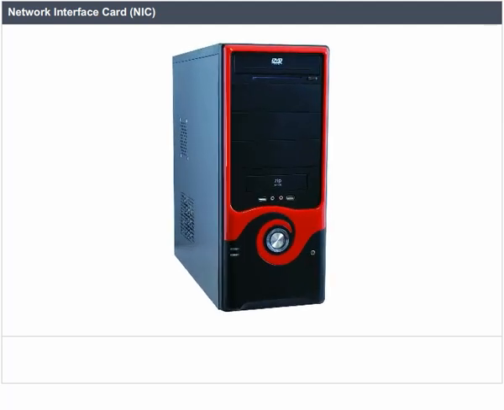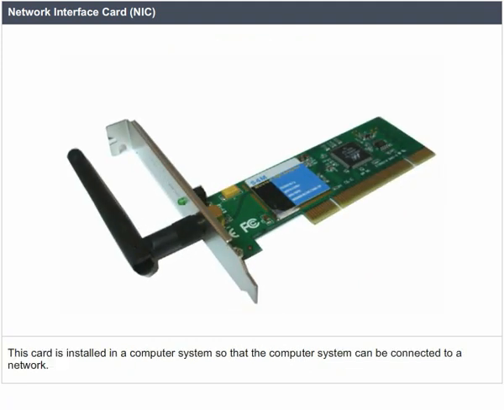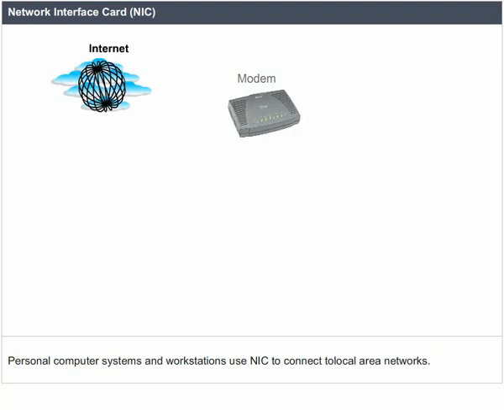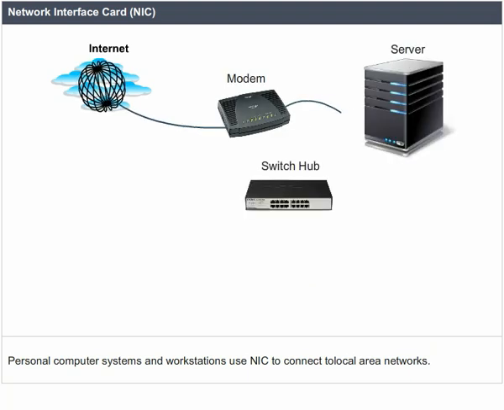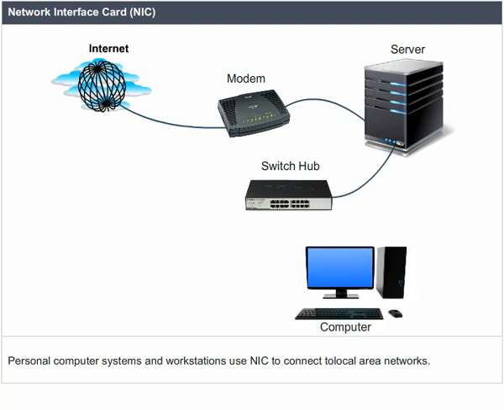Network interface card. A network interface card is a circuit board inside the computer system. This card is installed in a computer system so that the computer system can be connected to a network. Personal computer systems and workstations use NIC to connect to local area networks.